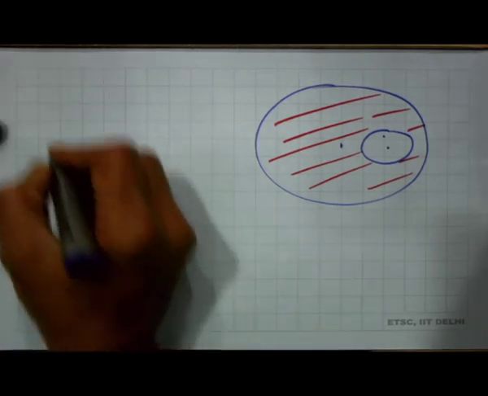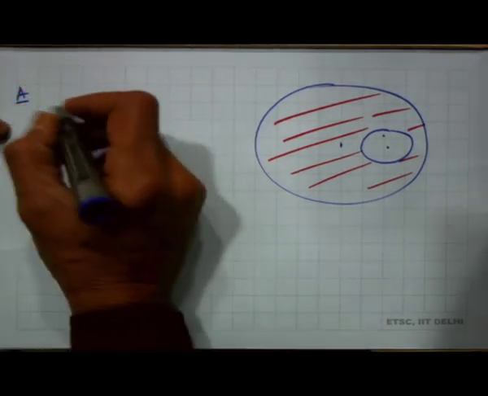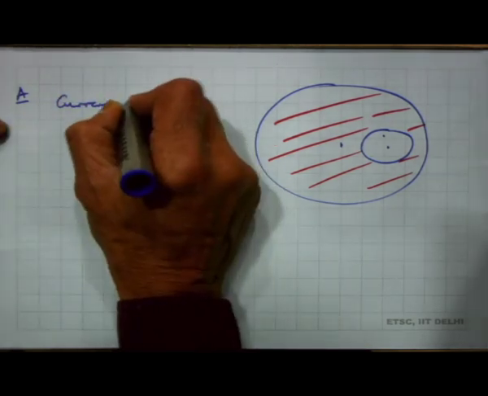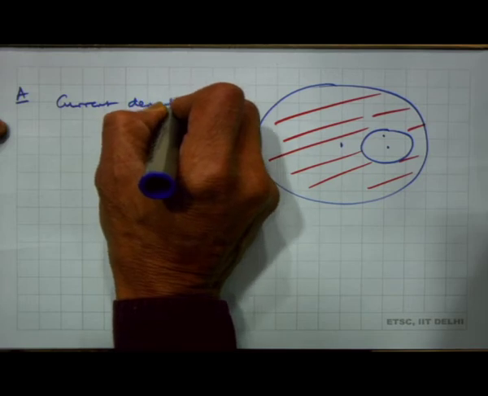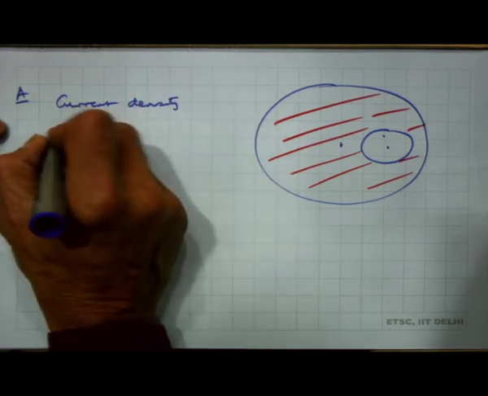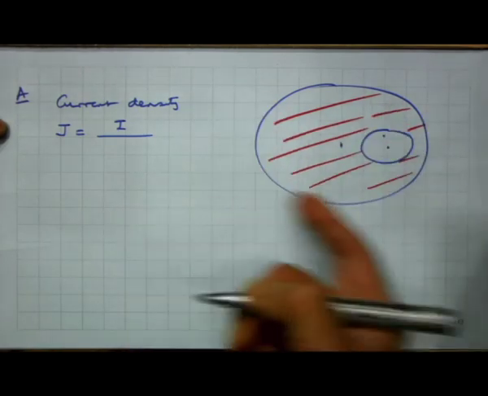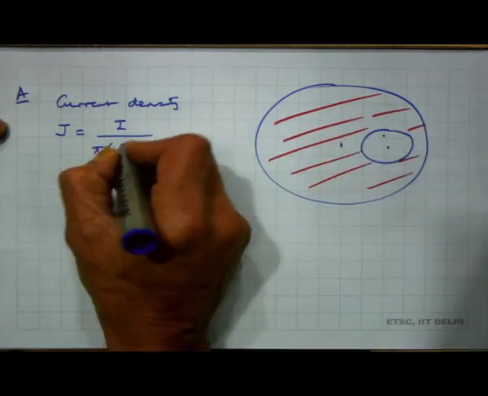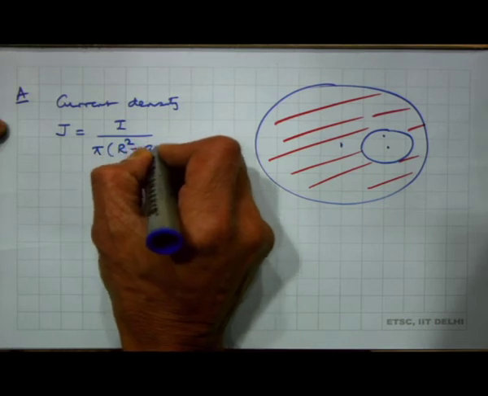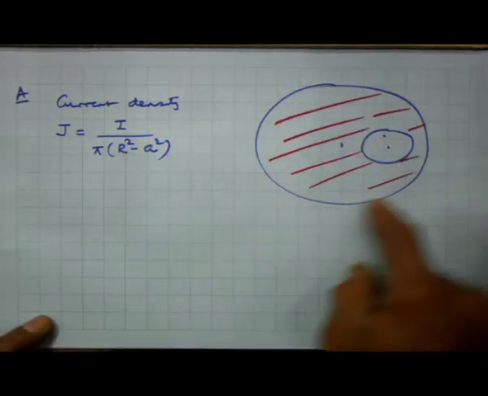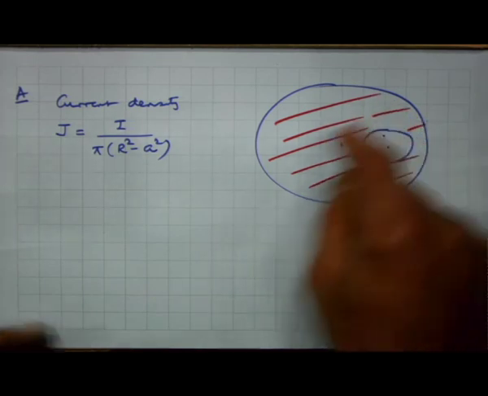So, for this first let me calculate the current density. So, current density J is equal to current I flowing through the entire area of this conductor, which is now pi r square minus a square. So, pi r square is the area of the cylinder, pi a square is the area of the hole, where a is the radius of the hole.